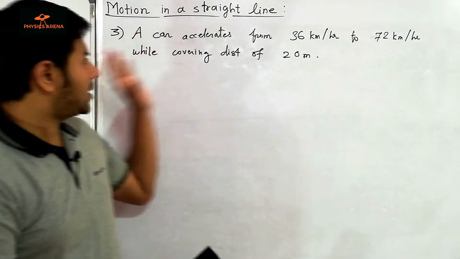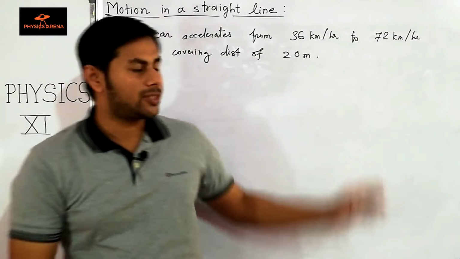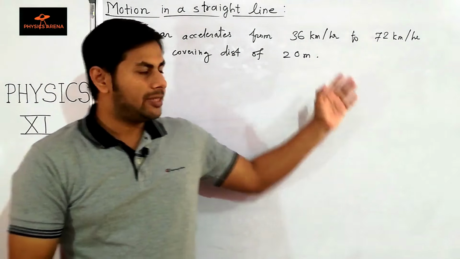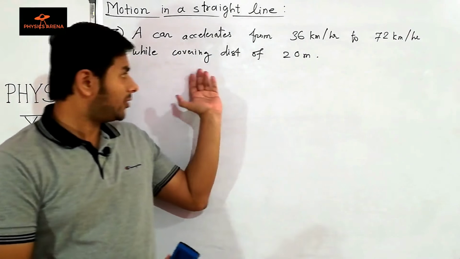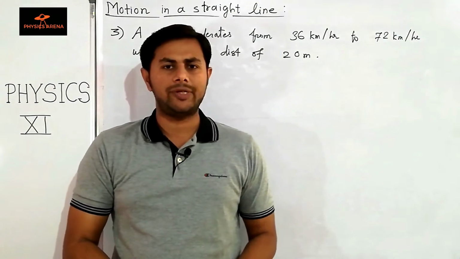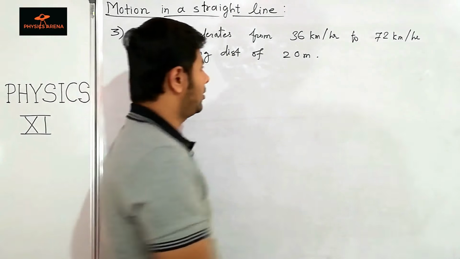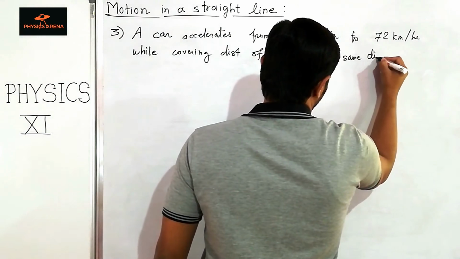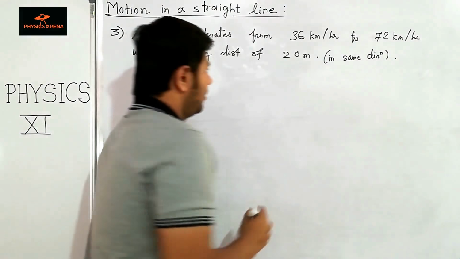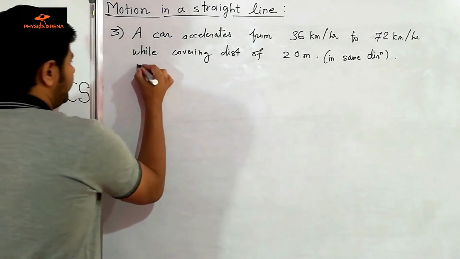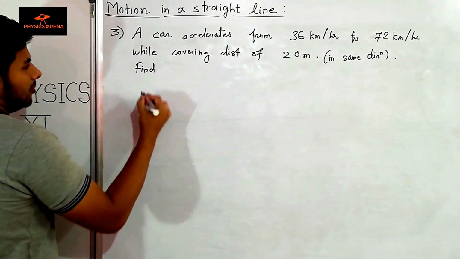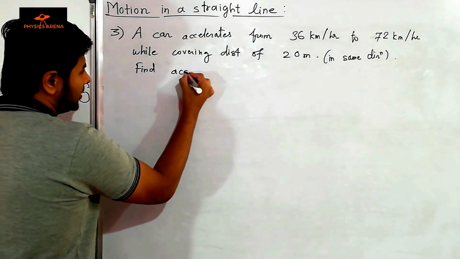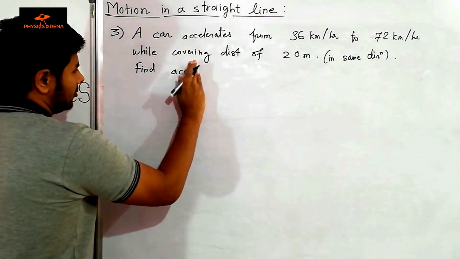So there is a car which accelerates from 36 kilometers per hour to 72 kilometers per hour while covering a distance of 20 meters in the same direction. We'll take this simple problem. Find the acceleration of the car.